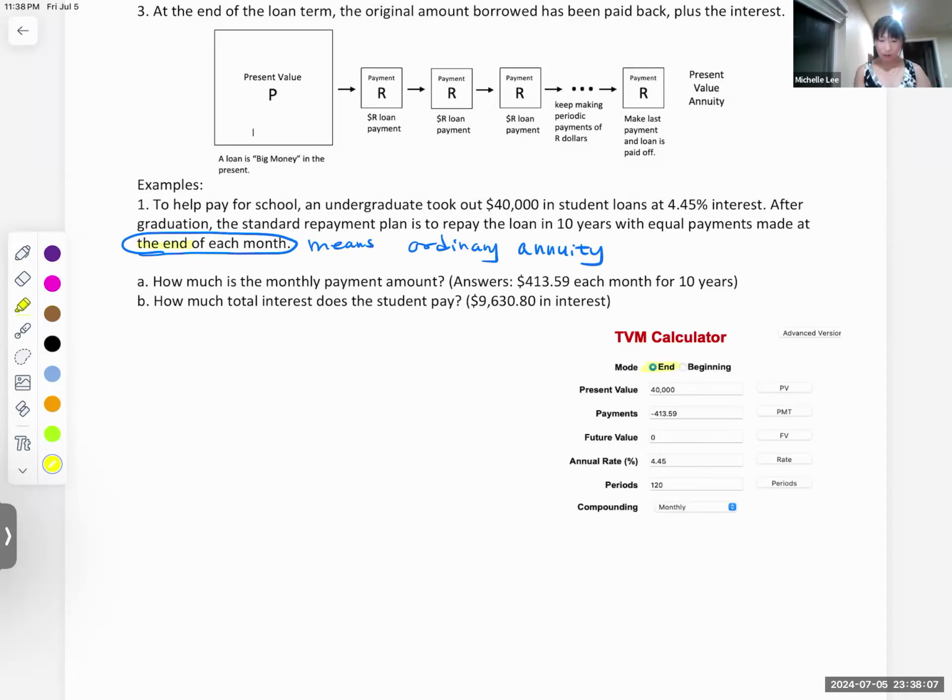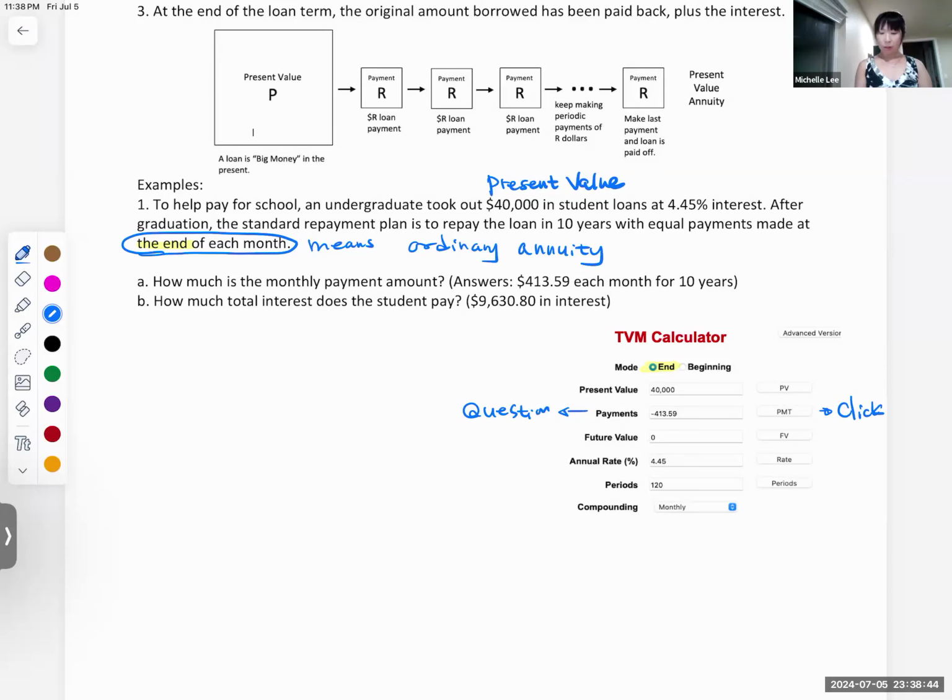Now this is the present value. And then how much is the monthly payment? So this is the question, so we click this one. Then everything's good, right?